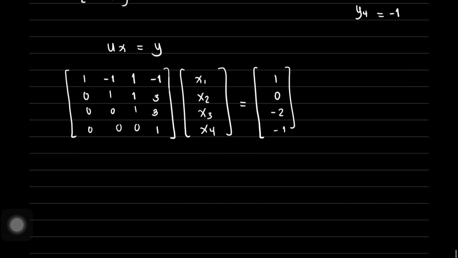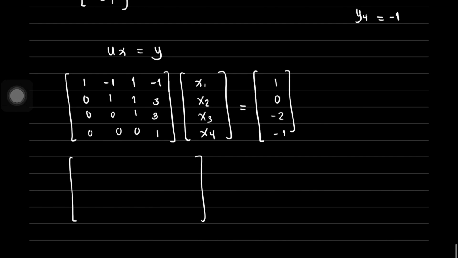Right. So the unknown here that we can solve first would be the value of x4, because let us first multiply these two matrices. So in multiplying them, we have x1 minus x2 plus x3 minus x4.